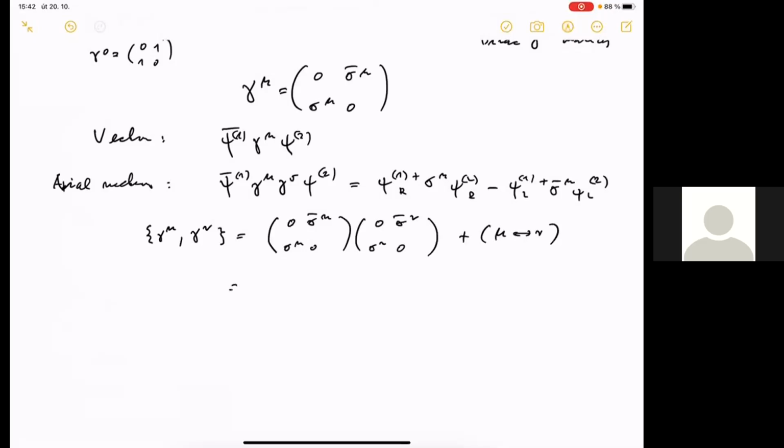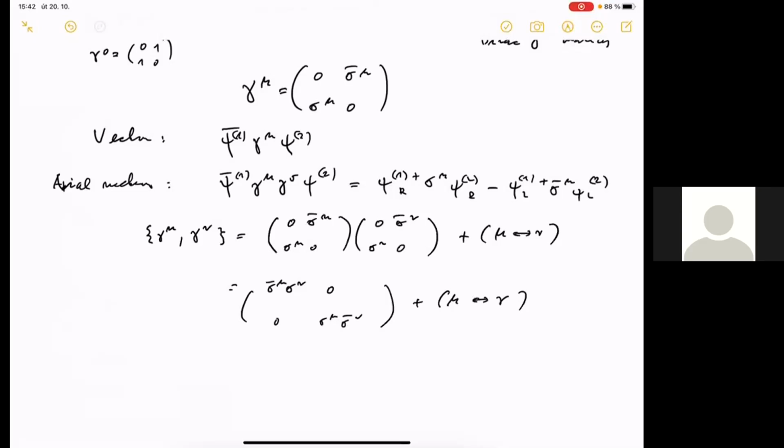Doing this calculation, we get first row times first column, that means sigma mu sigma bar nu. First row times second column 0, second row times first column 0, and here we obtain sigma bar mu sigma nu, and plus mu interchanged with nu.